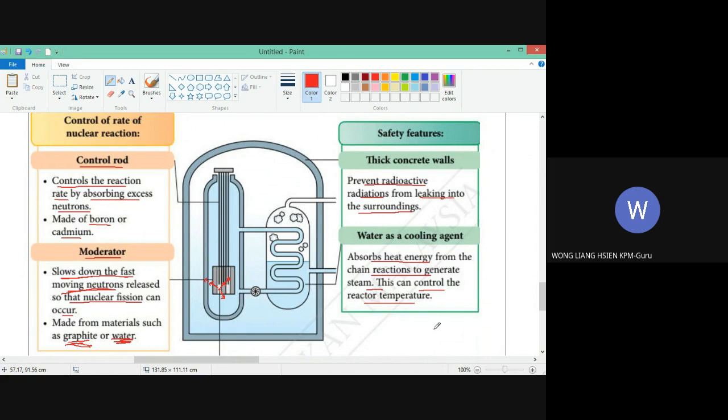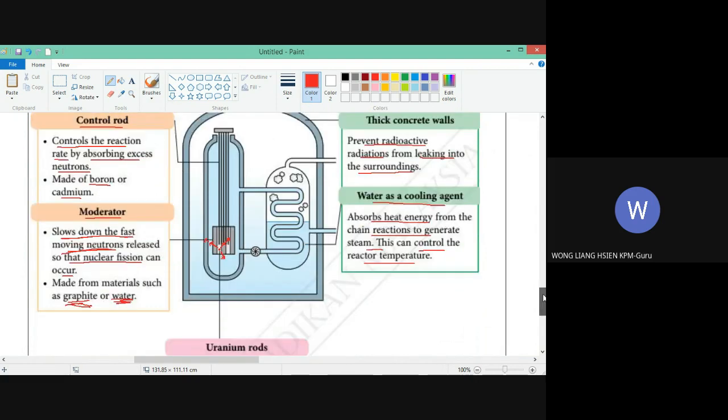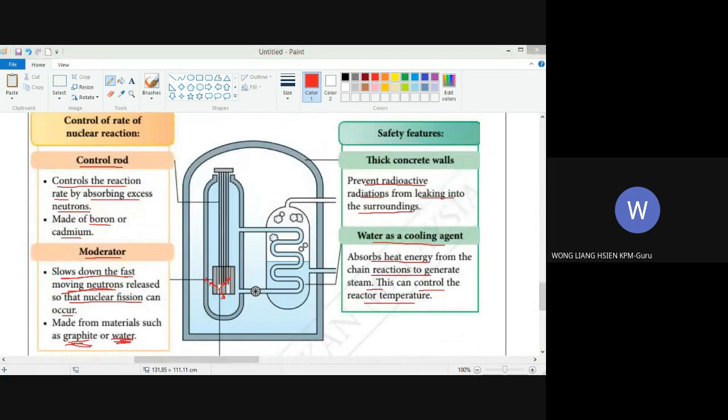If you know about the famous nuclear disaster, Chernobyl, it started because of the failure of the cooling system. Because the cooling system could not function properly, the temperature of the reactor became too high and caused a lot of other malfunction, a lot of other damage.